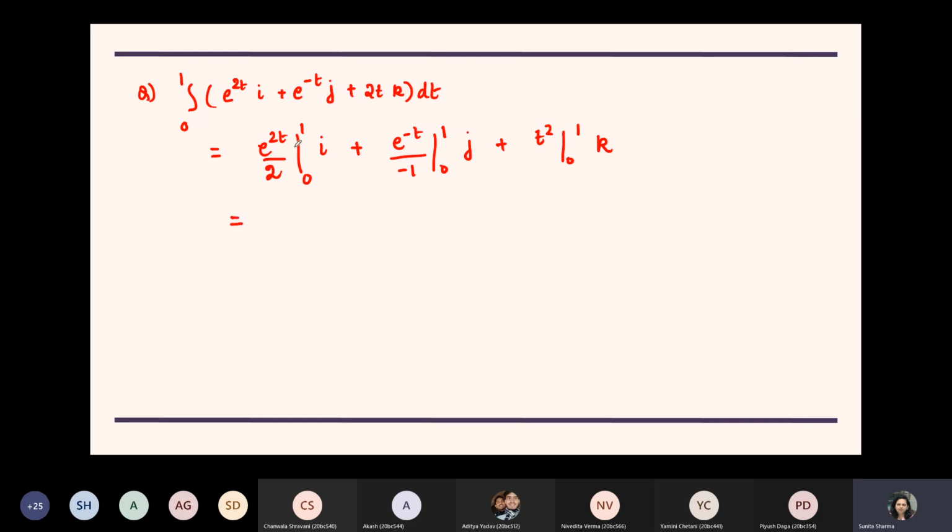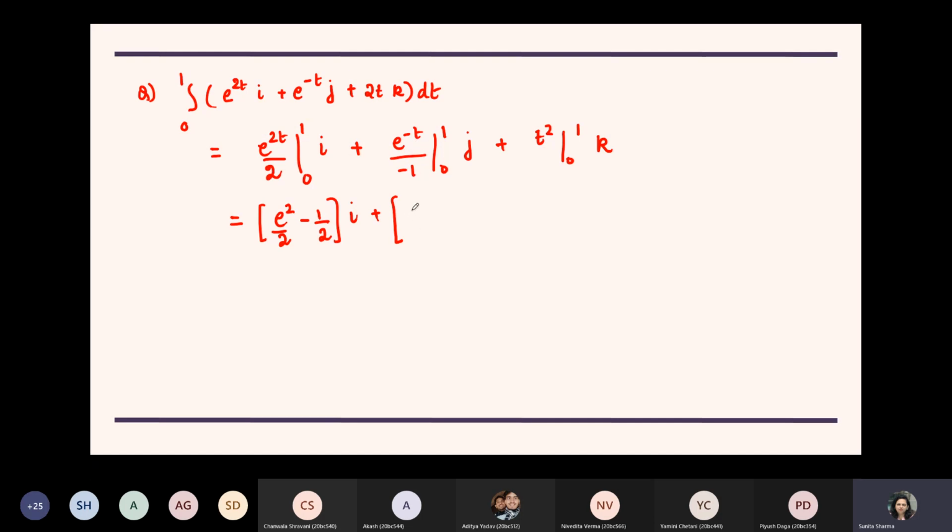When I substitute t as 1 here, what do I get? E square by 2, and when I put t as 0, I get half. So this is my i component. Then the j component, again put t as 1, so I will get e power minus 1 by minus 1.